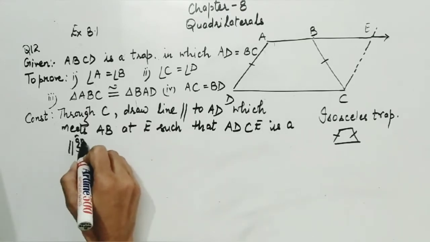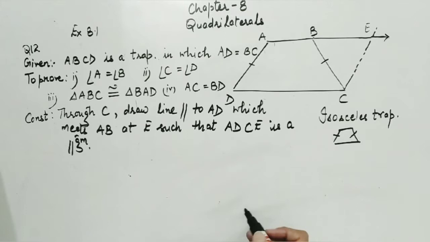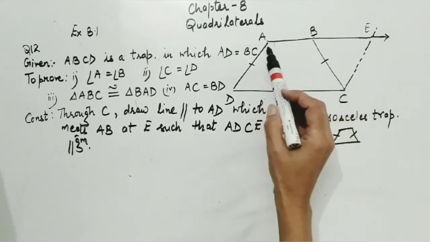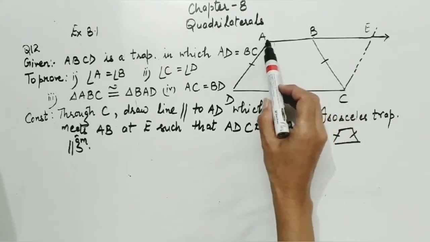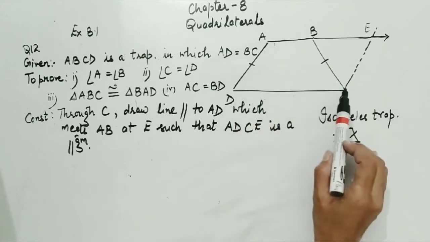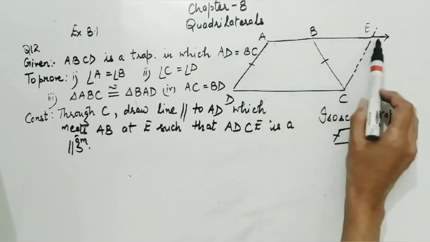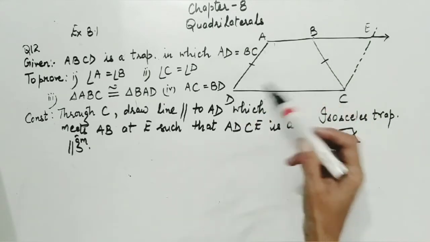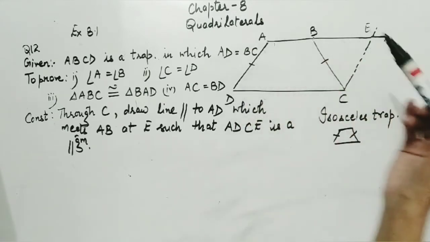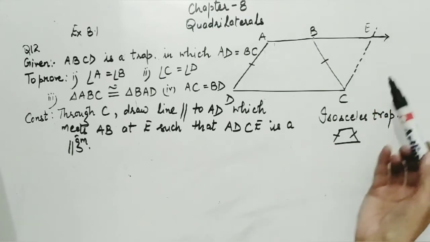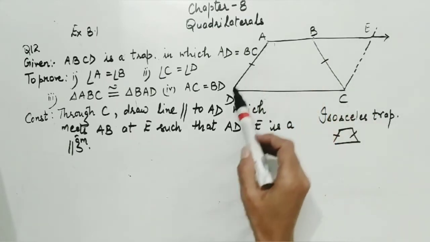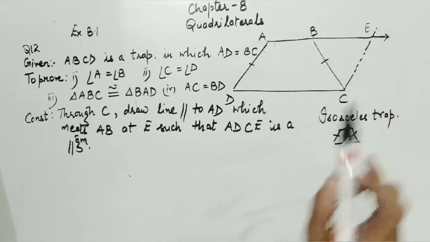is a parallelogram. How can we say that this becomes a parallelogram? Observe the figure now. We already know that AB is parallel to CD. AB is produced, that means AE would also be parallel to CD. DA and CE are parallel by construction. So this figure ADCE becomes a parallelogram.